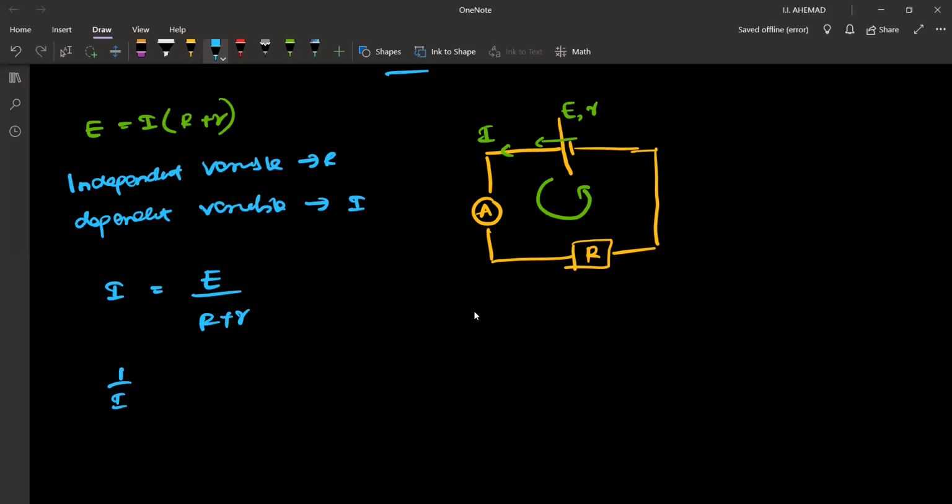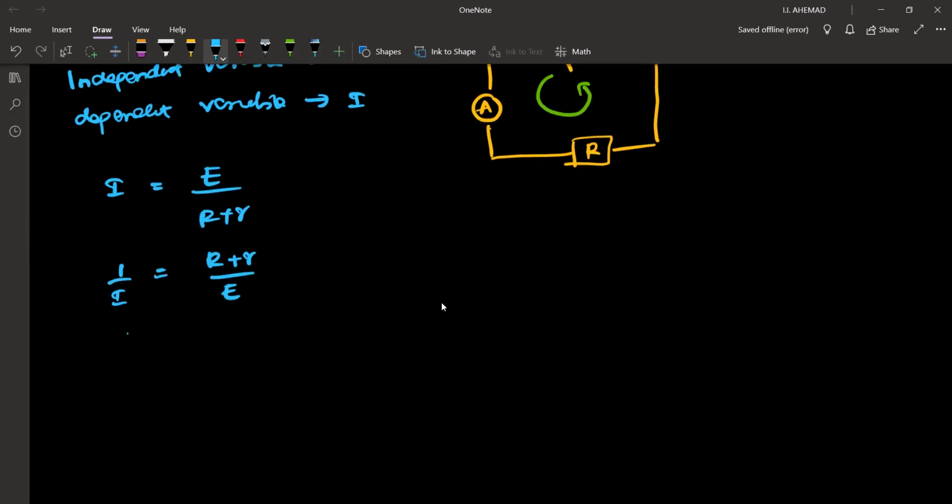So 1 over I is equal to R plus r over E. So let's separate the denominators and write it as 1 over I is equal to 1 over E into R plus r over E.